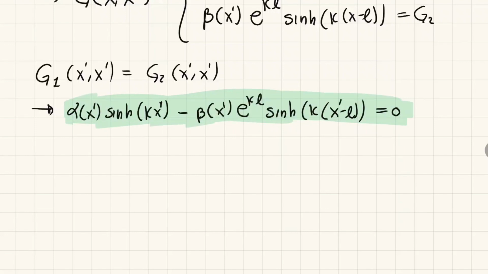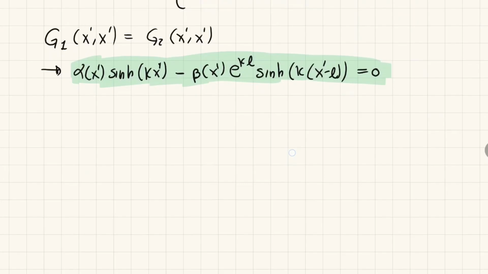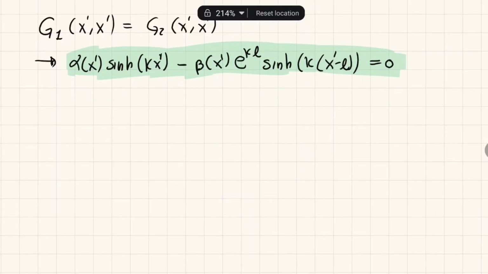Right now, we need to find a second equation of alpha and beta, and with two equations and two variables, well, we know that we can solve the system of equations to find alpha and beta. So again, using one of the concepts that we have been working with, that the derivative of the Green function at x prime is not continuous, right?